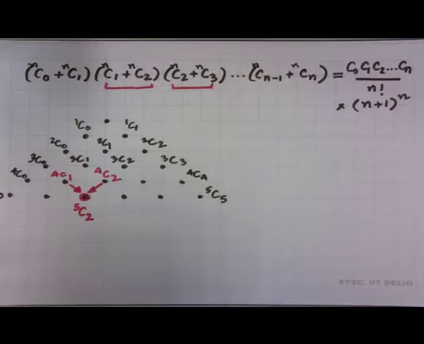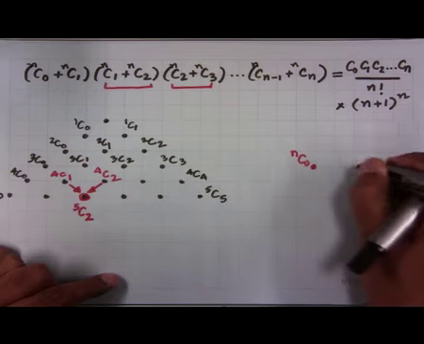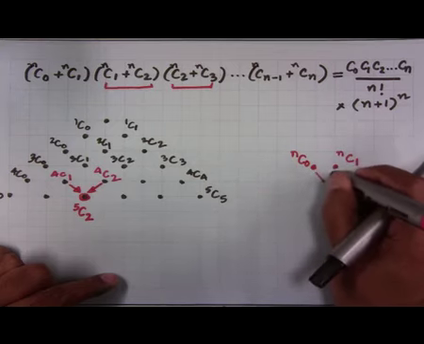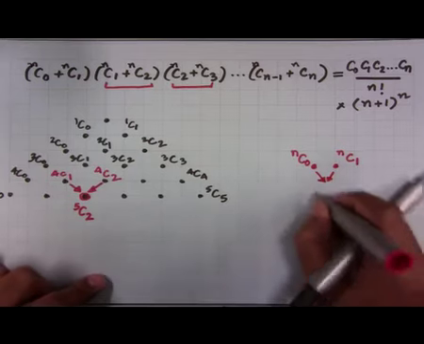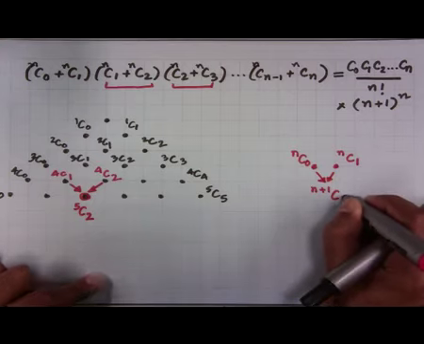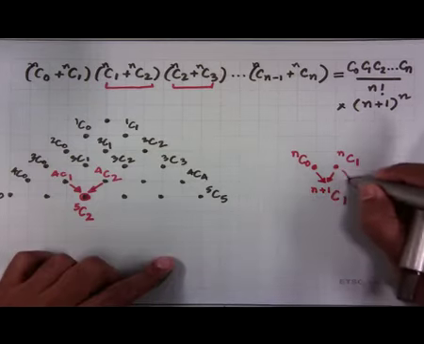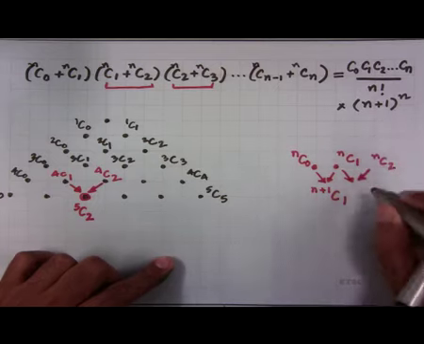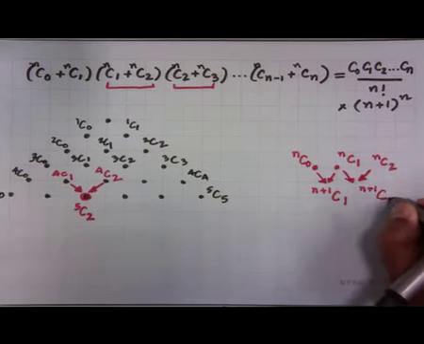So, if this is my n C 0 and if this is n C 1, then these two are going to add and give me the next row in the Pascal's triangle, which is going to be n plus 1 C 1. Okay. Then n C 1 is going to add with the next number, which is n C 2, and that is going to give me n plus 1 C 2.